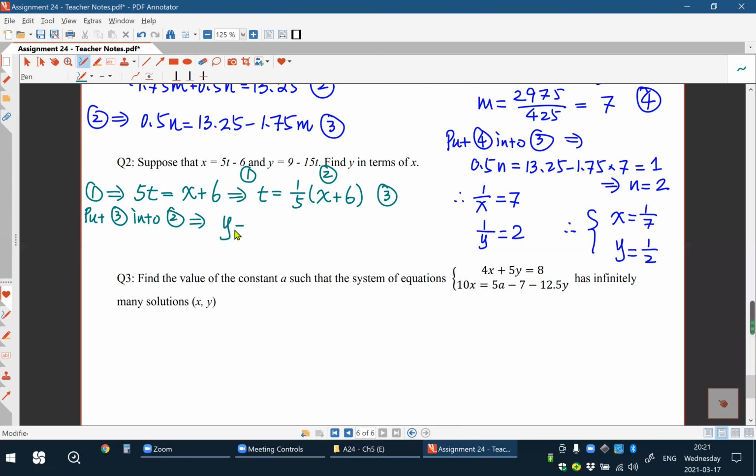So that means y is 9 minus 15 times t, and t is 1/5 of (x plus 6). As you can see here, there are no t's. They only have two variables, y and x. So in this way, you can find y in terms of x, which is y equals 9 minus 3 times (x plus 6).